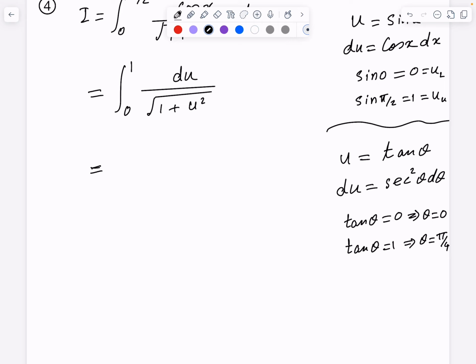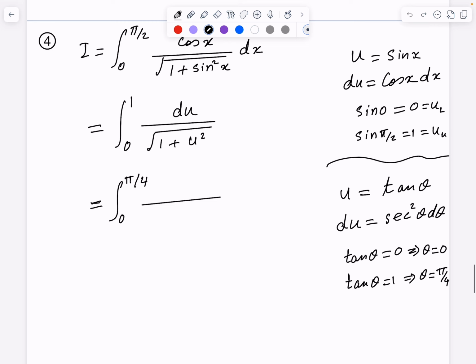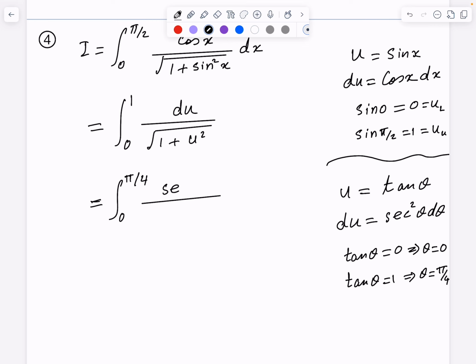Therefore, we have limits 0 and pi over 4. And now we have du, which is secant squared theta d theta divided by the square root of 1 plus tan squared theta.